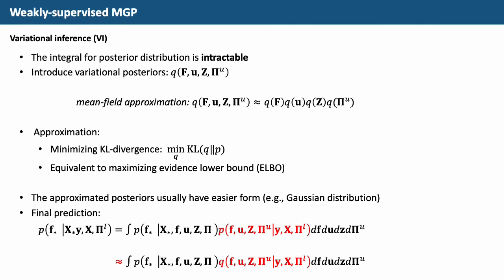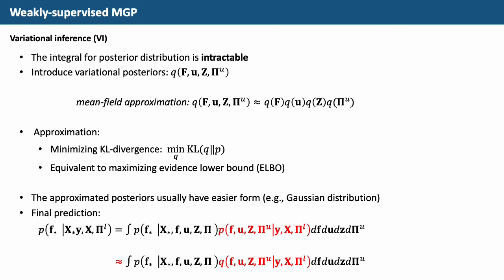To do this approximation, VI aims to find a surrogate Q as close to the original posterior as possible. This is done through solving an optimization problem which minimizes KL divergence between Q and the posterior. Interestingly, the optimization problem turns out to be equivalent to maximizing a lower bound of likelihood called evidence lower bound, ELBO.